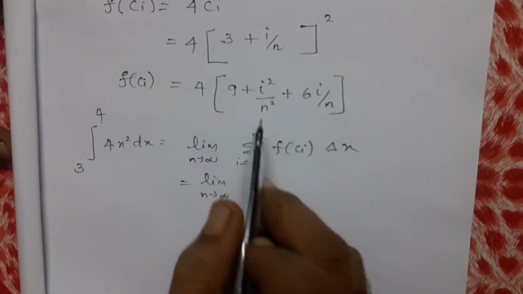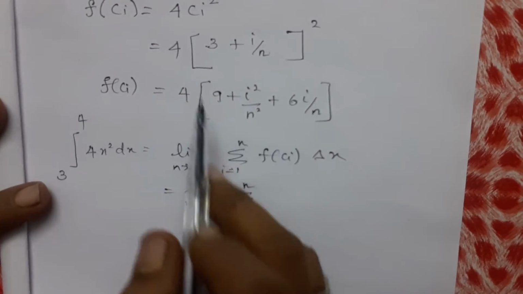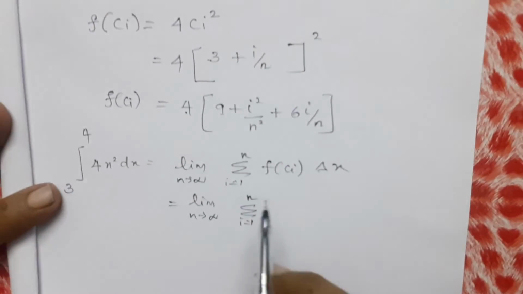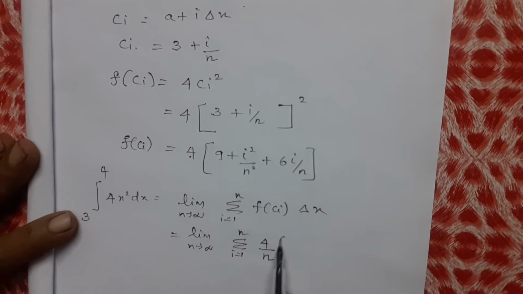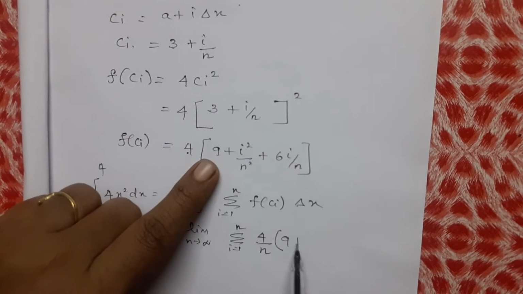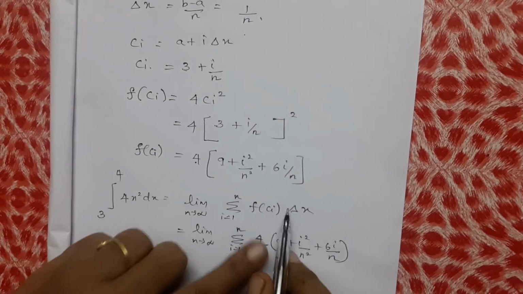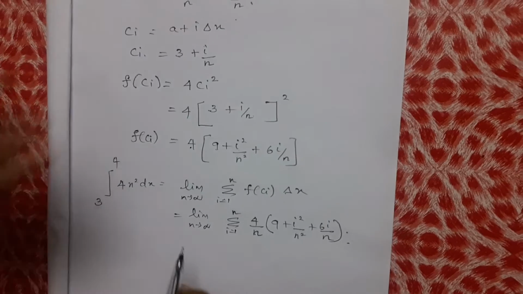If you want, you can multiply by 4 or else you can even keep 4 outside. And del x is 1 by n. So 4 into f of ci, which is 9 plus i square by n square plus 6i by n, and del x value is 1 by n. I have written 1 by n here.